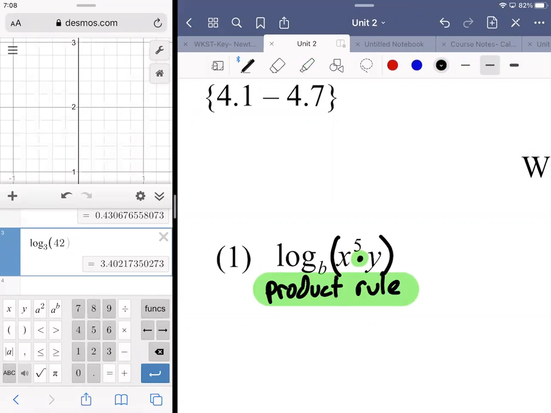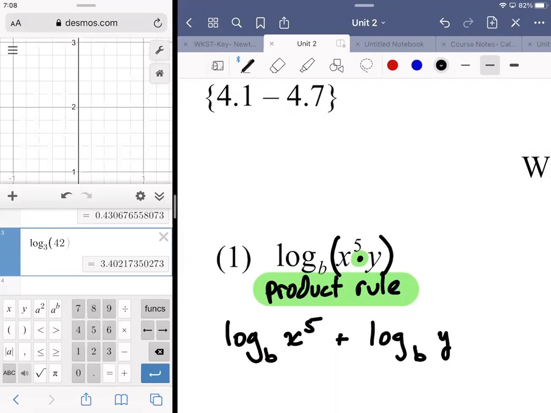So I'd write log base b, always have the base there, of x to the 5th plus log base b of y. When you expand logarithms, we're writing them in simpler forms.